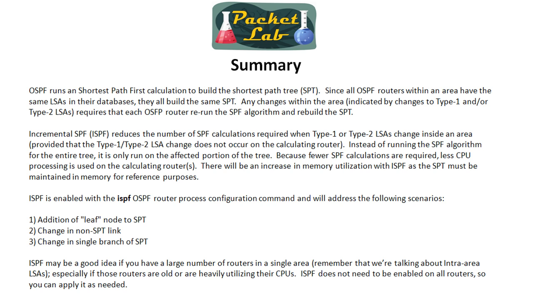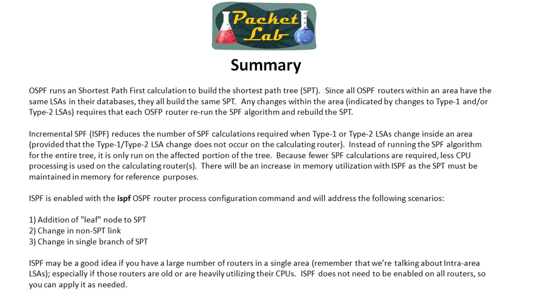Now, the way that it's able to do this is that it stores the shortest path tree in memory. So you're not going to use as much CPU and you're going to have faster network reconvergence time, but you are going to lose a little bit of memory here because it does have to store that SPT in memory for comparison.